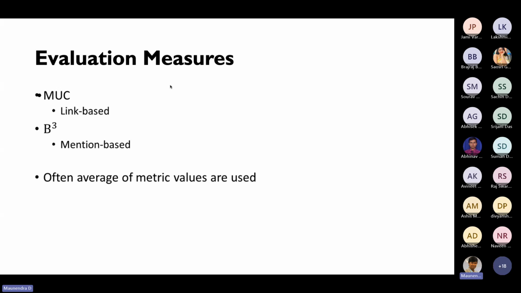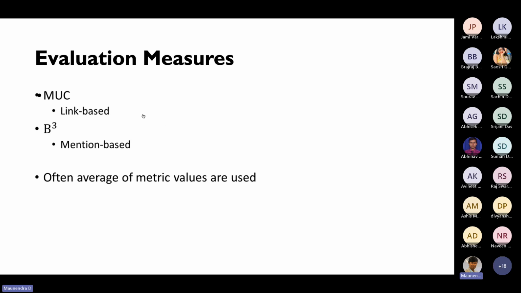And for evaluation, we also expect a list of ground truth co-reference chains to be available as a reference. So we have one set of clusters which the algorithm has given, and another set of clusters which are given by the annotated data.